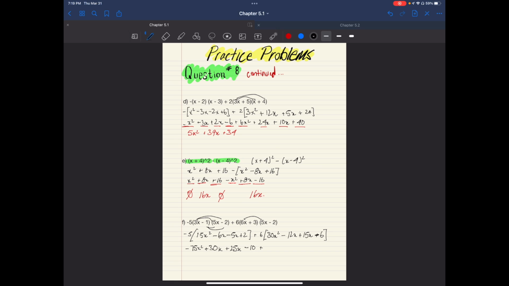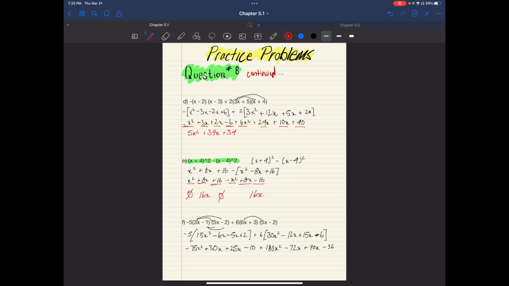Plus 6 times 30 is 180x squared. Negative 6 times 12 is 72x. Plus 6 times 15 is 90x. And 6 times negative 6 is negative 36.